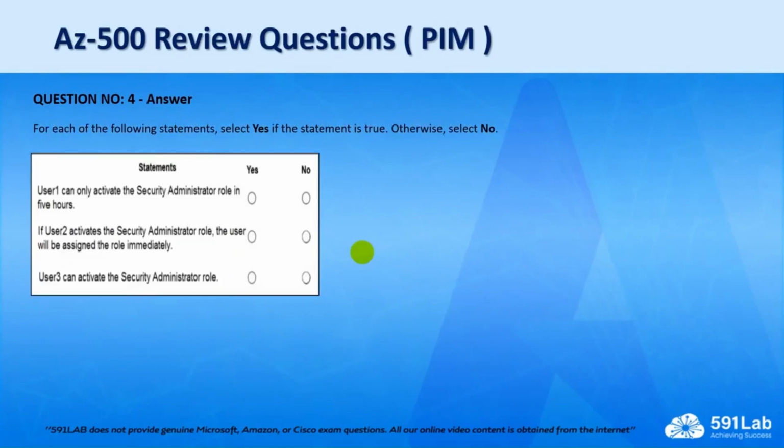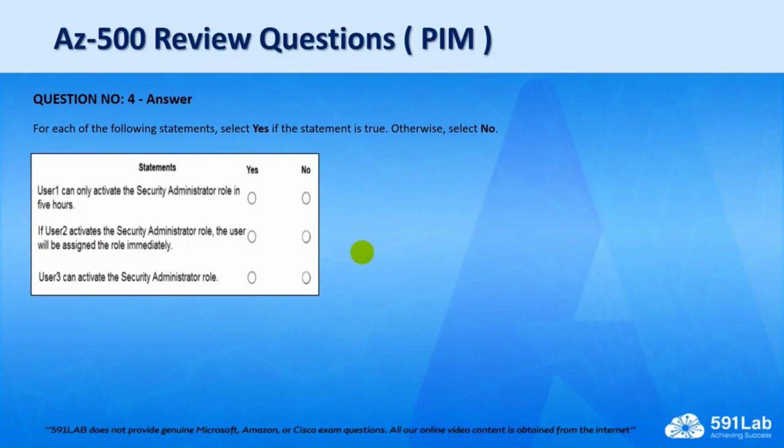So if user 2 activates the security administrator role, which means user 2 has the ability to activate it, then the question says the user will be assigned the role immediately. Yes, of course, because we have seen the moment you activate the role which you are eligible for, it is going to be activated immediately. So the answer for this is going to be yes.